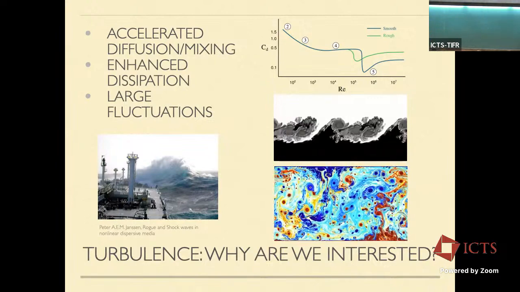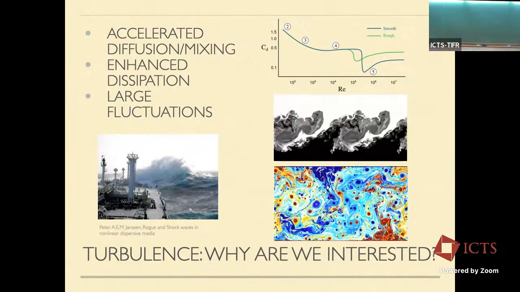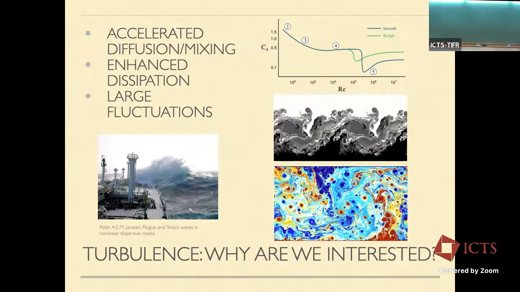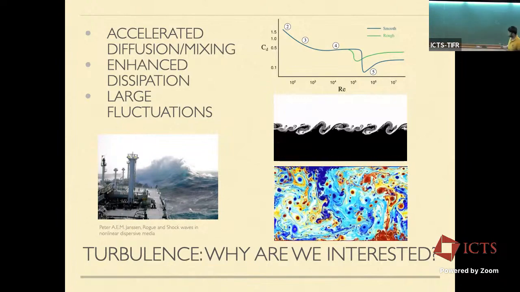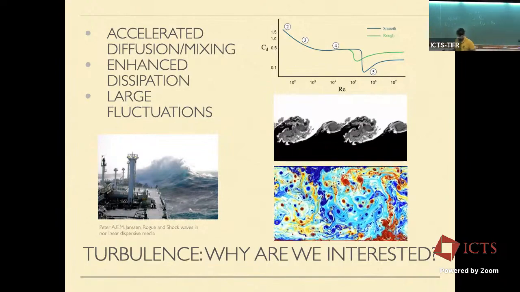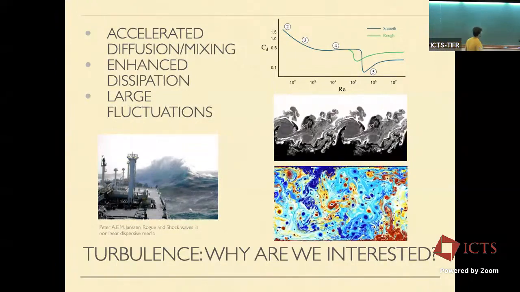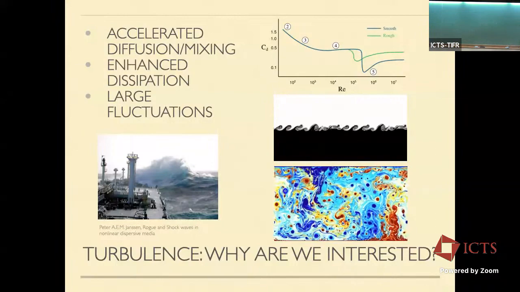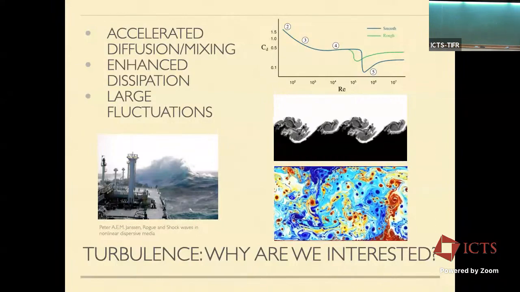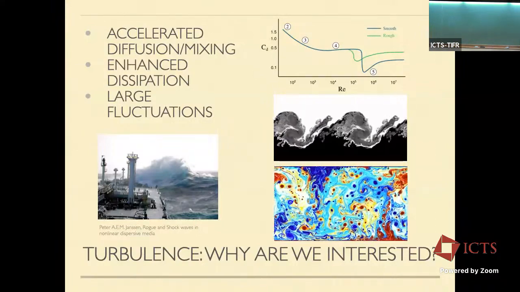But as Reynolds number increases, this is an experiment of flow past a cylinder. Let's say for large enough Reynolds number, the flow behind the cylinder becomes turbulent, and the dissipation starts to depend on these smaller scale structures, and you can see that the dissipation coefficient goes to a constant.